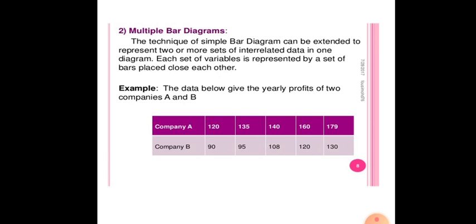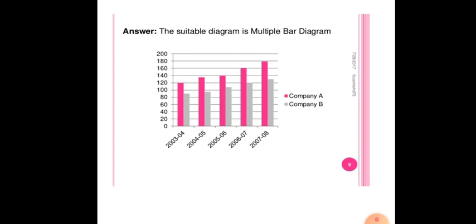Now see, the data below gives the yearly profits of two companies A and B. Here in this data the year is not given, so we have to assume it. Company A's yearly profit is given, and company B's yearly profit is given. Now see how to draw the multiple bar diagram. The suitable diagram is the multiple bar diagram.